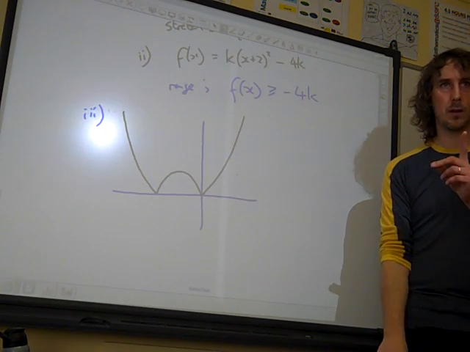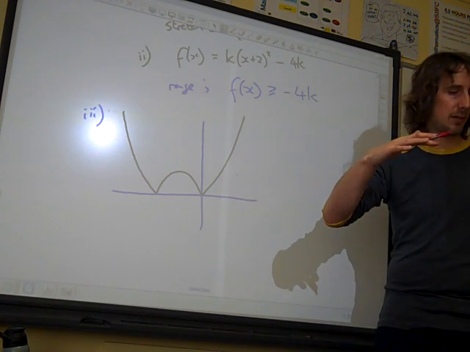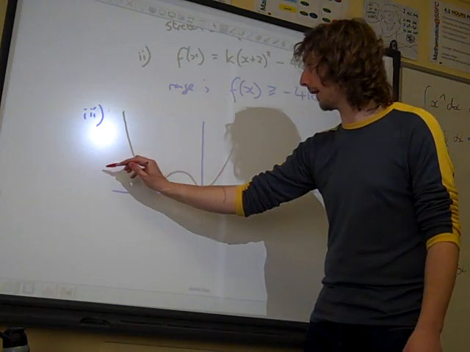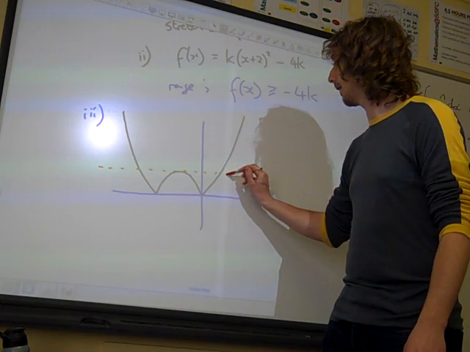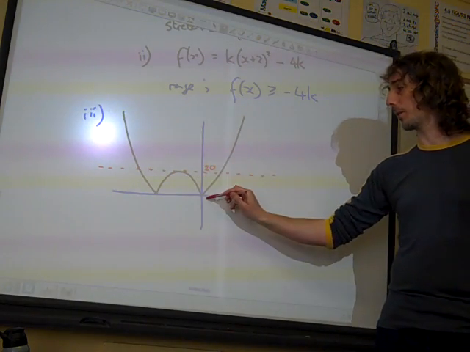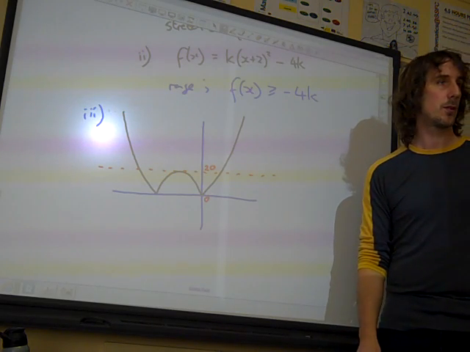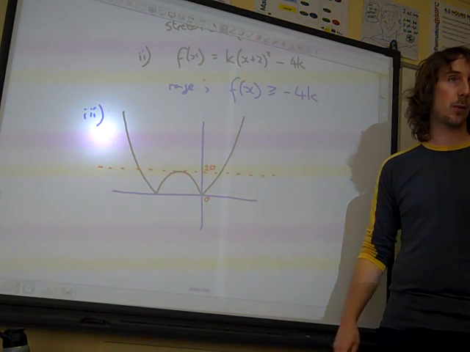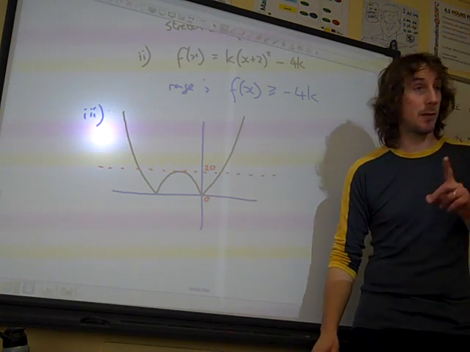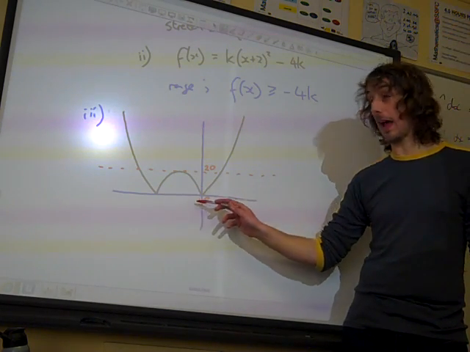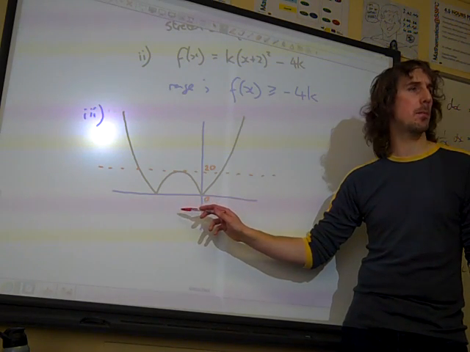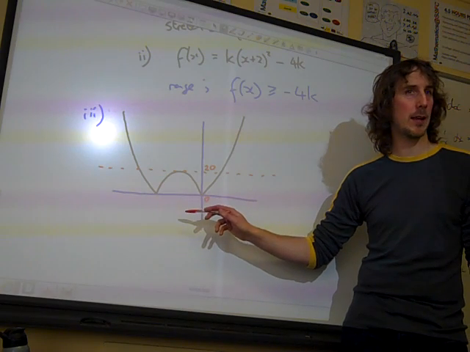And if it's got exactly 3 solutions when it's equal to 20, that means this horizontal line like that is the line y equals 20. Now hang on, the first bit of this then is quite straightforward. I said on the original graph, the point down here was at (-2, -4k).